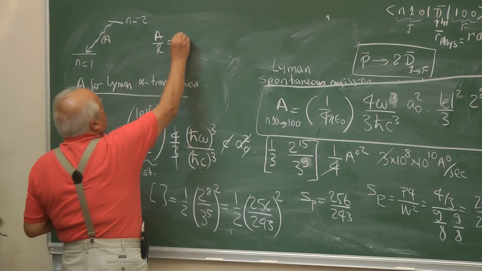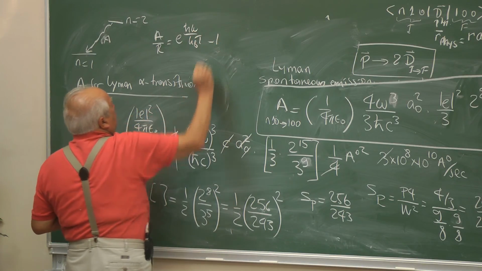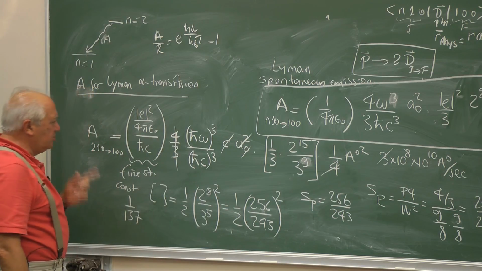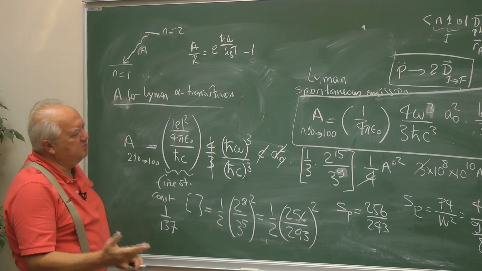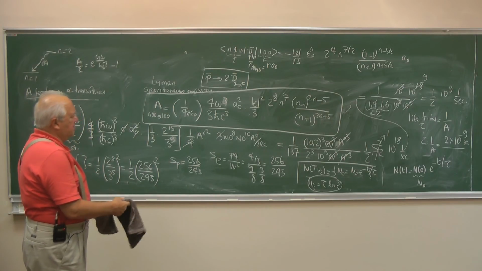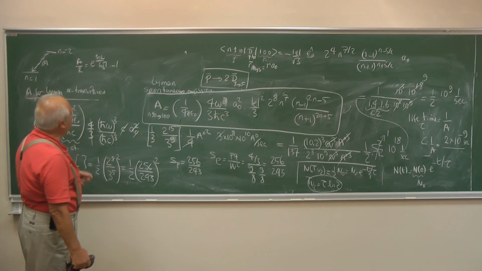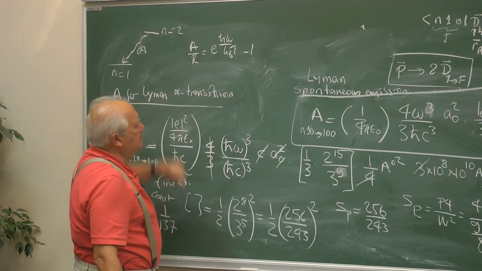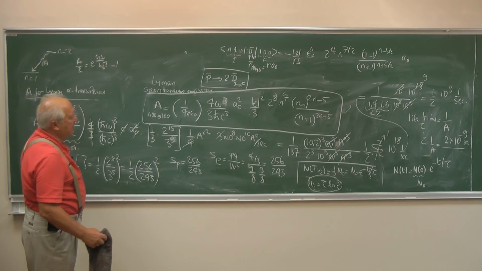So it goes as e to the h bar omega over kBT minus 1. So once we have Einstein's A coefficient, you have Einstein's B coefficient also. The formula is given in every book, so I will not repeat it. So if you multiply the B coefficient with the density, you get this rate, and the ratio is simply that.